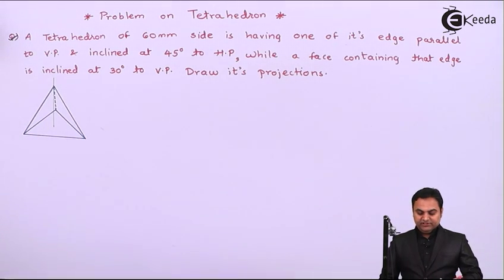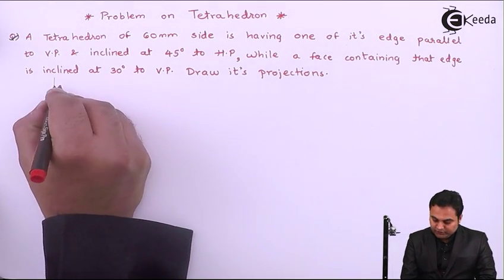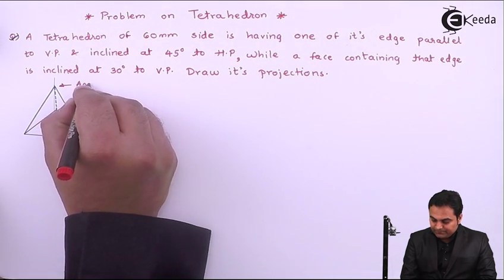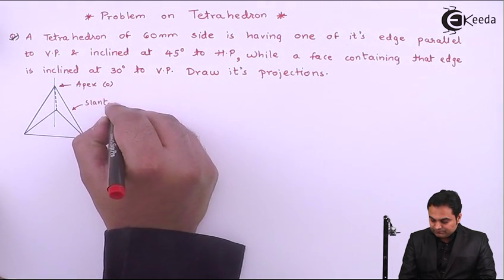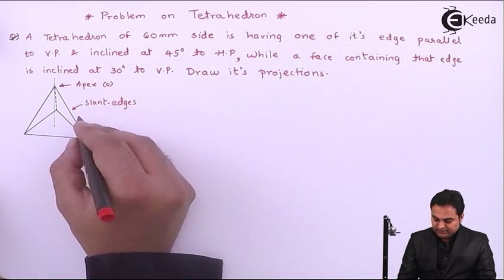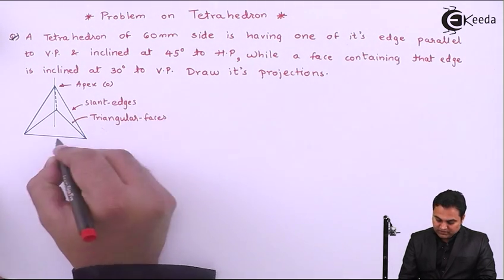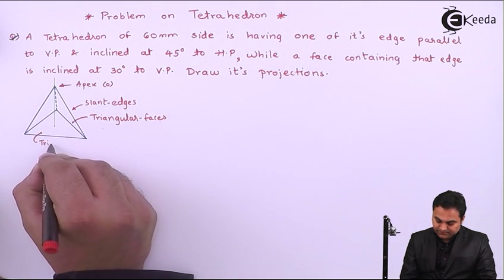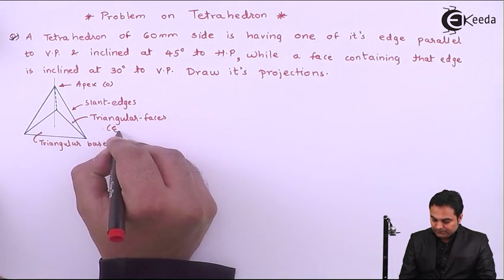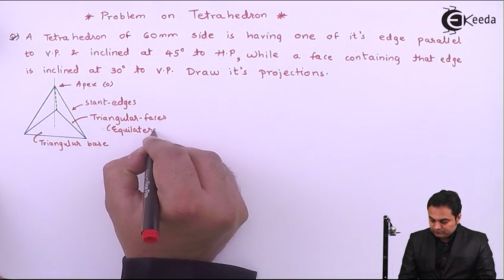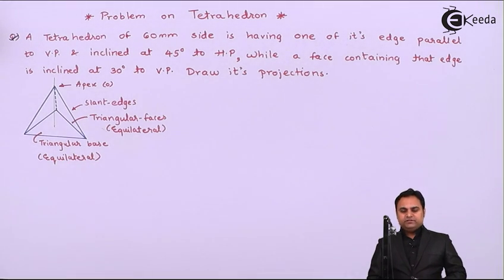Here the base is in the form of an equilateral triangle, and all the three base corners are connected to a common vertex called the apex O. These are the slant edges, and it has triangular faces, and even the base is in the form of a triangular base, and all are equilateral. Means they are all equilateral triangles.